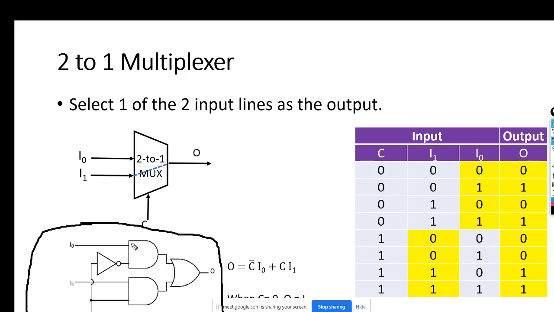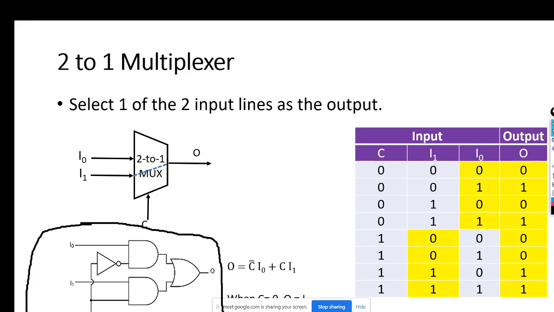You just need two AND gates, a NOT gate and an OR gate. If you can understand the 2 to 1 multiplexer, that is good enough, because we don't want to memorize all the multiplexers. You can always refer to the internet and get the circuit. But the idea is to understand and appreciate why we have multiplexers and how they work.